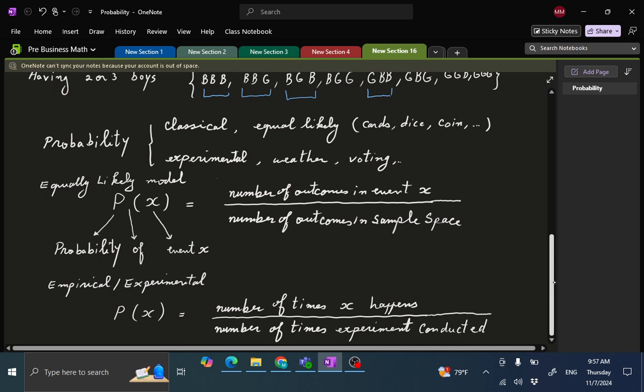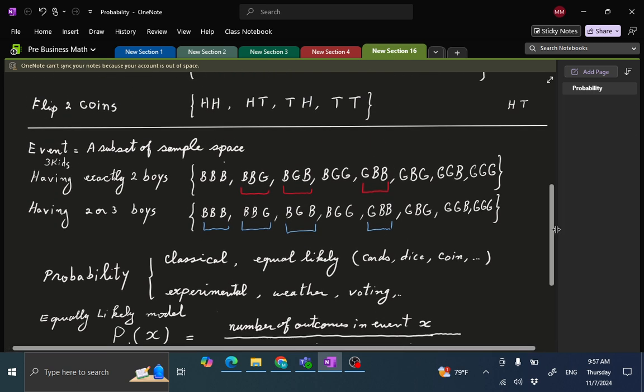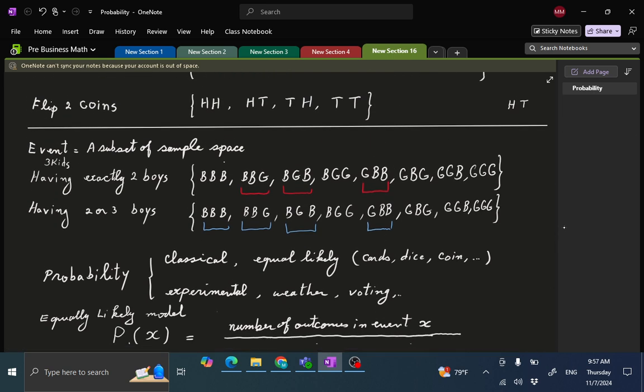So what does that mean? So for example, what's the probability of having exactly two boys? Exactly two boys, there are three possibilities. Out of all 8 of them, the probability of having exactly two boys will be 3 divided by 8. That's the chance of having exactly two boys.